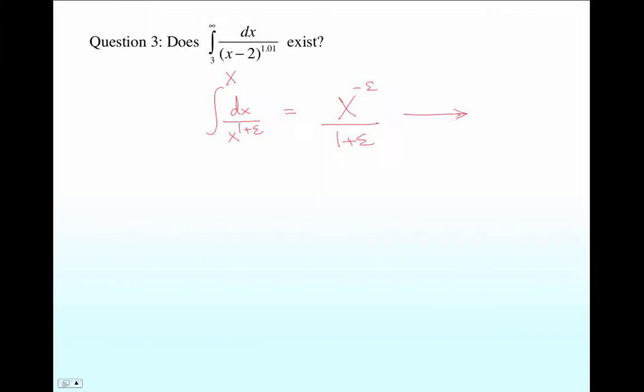As x goes to infinity, this goes to 0, provided that this epsilon is positive. So, even if epsilon is 0.01 or 0.00001, this integral will converge.